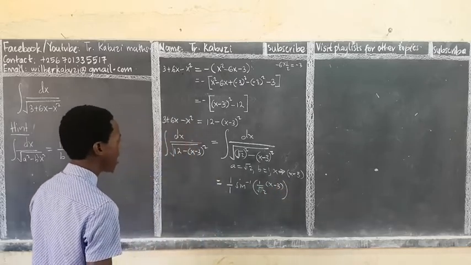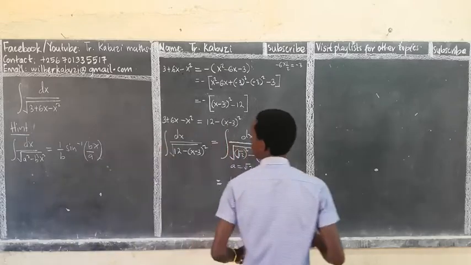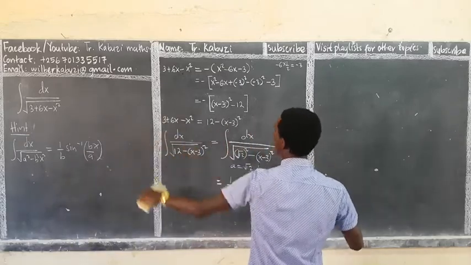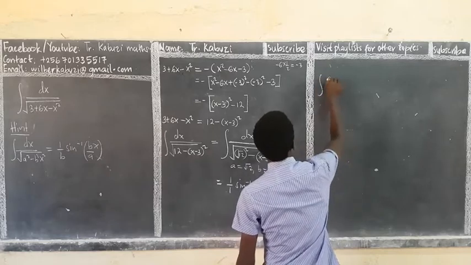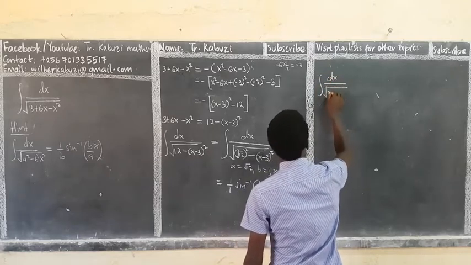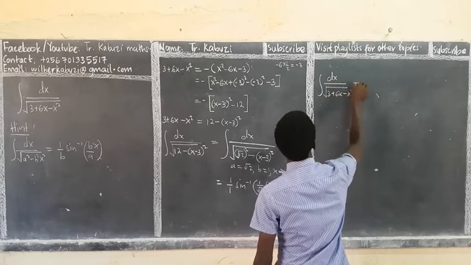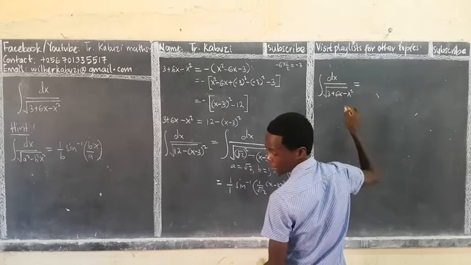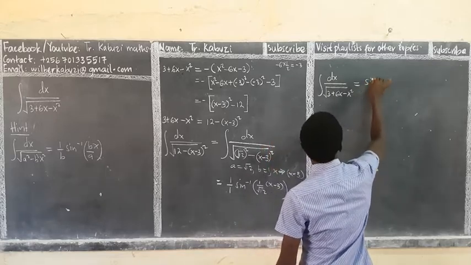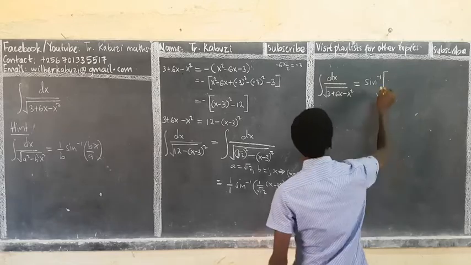So meaning that now, ladies and gentlemen, my integral dx over root of 3 plus 6x minus x squared is going to be 1 over 1, which is 1, of course. It's going to be sine inverse in brackets of this one.